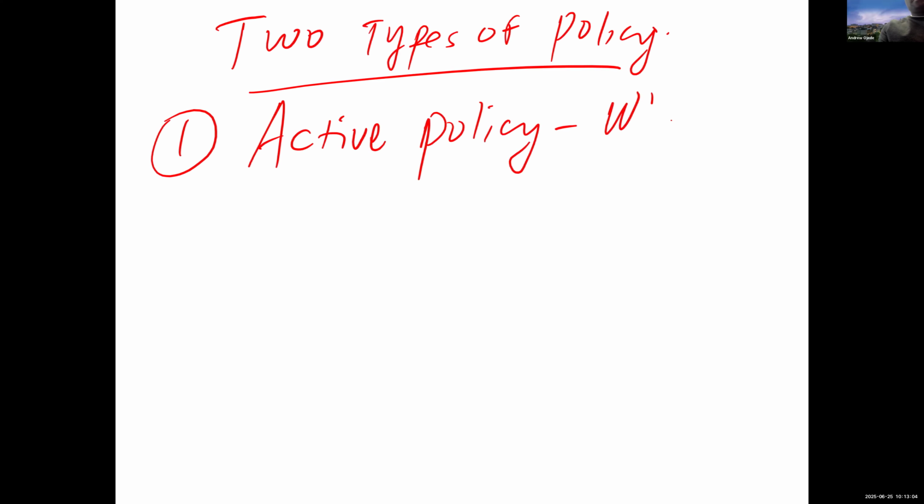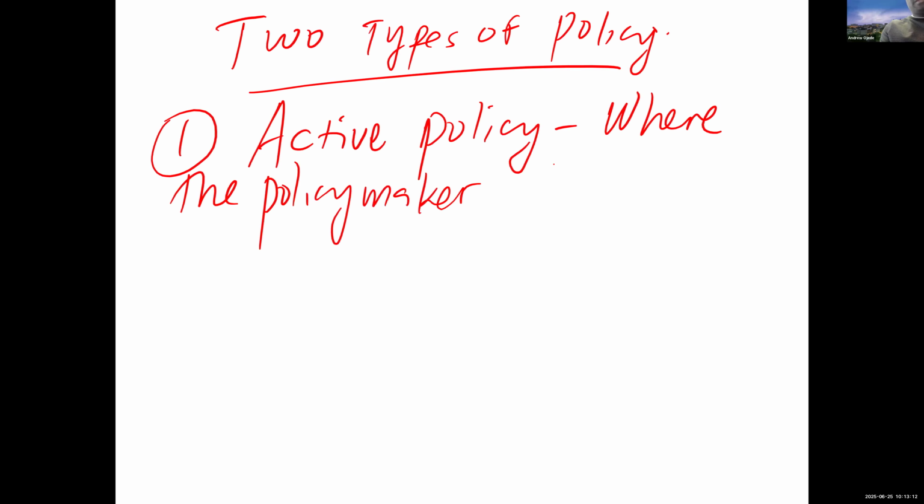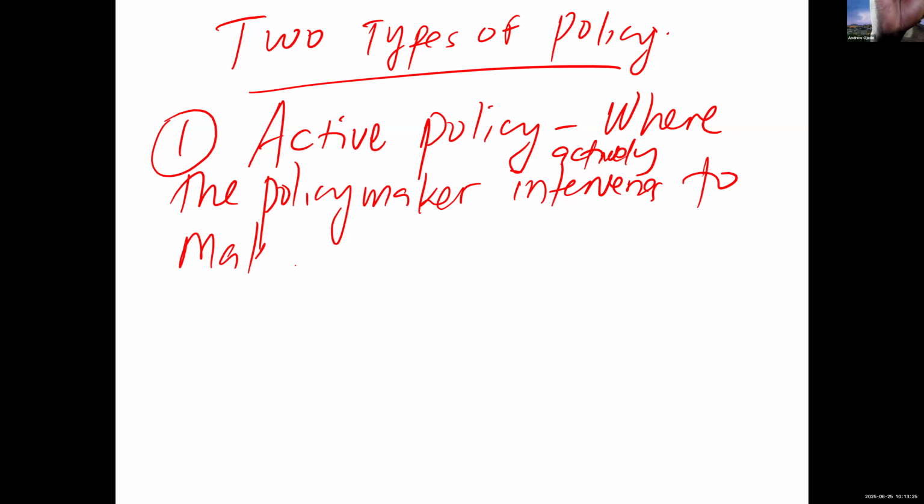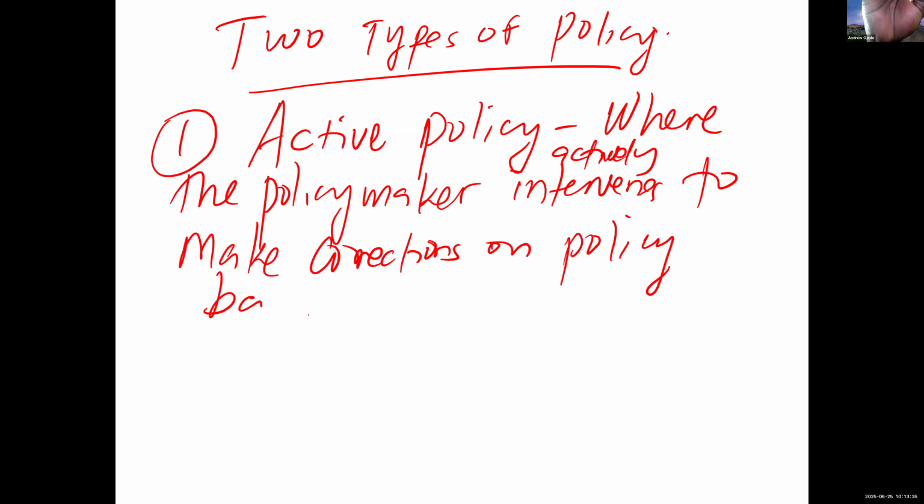It's where the policymaker actively intervenes to make corrections on policy based on trends in economic activity.